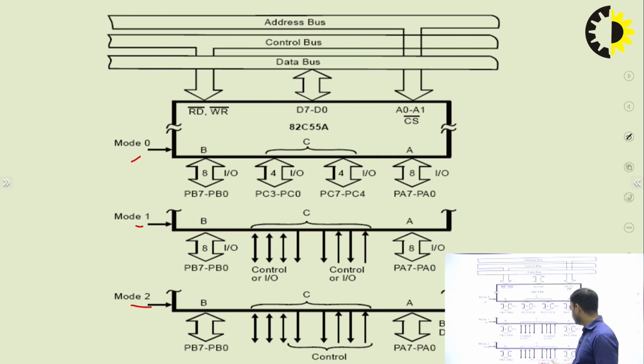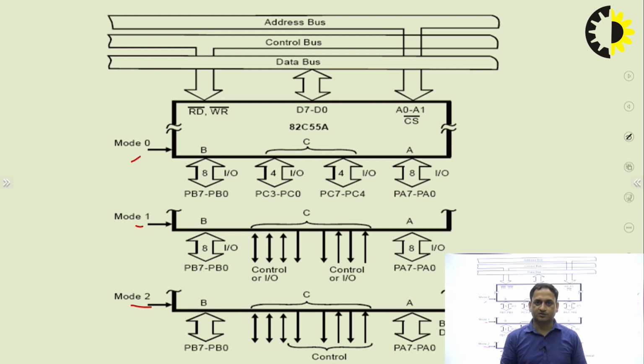In mode 2, we can see that port A will be bidirectional lines and port B is also bidirectional lines, but port C can be used for the control signals. Okay, so this is the complete description of the architecture of the 8255 in its modes of operation.